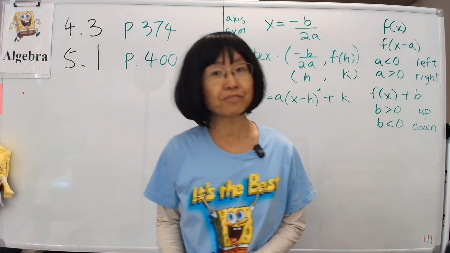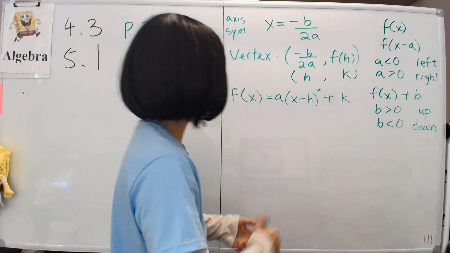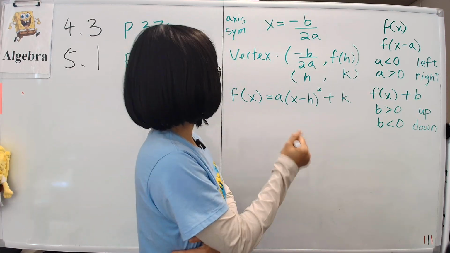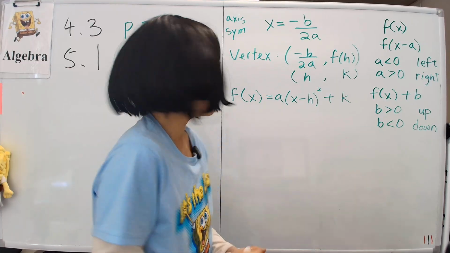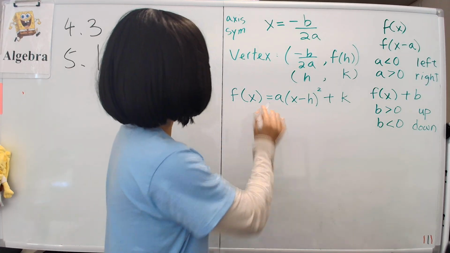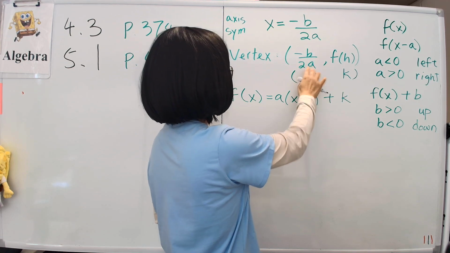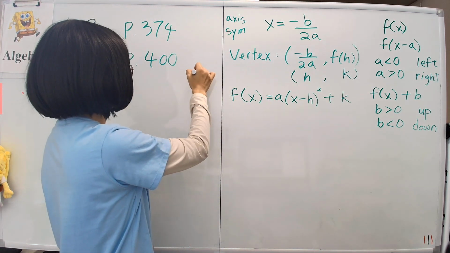Now, before we move on to the next example, I decided I want to talk about the concepts in this chapter a little bit more. The reason I didn't talk about it before is because the book just kind of went ahead and stated it, so I followed along and didn't give it much thought. But I want to explain why the vertex is at h equals minus b over 2a. So we know what this means.